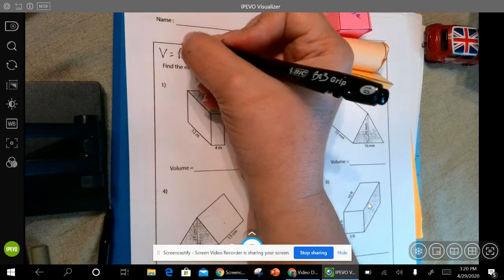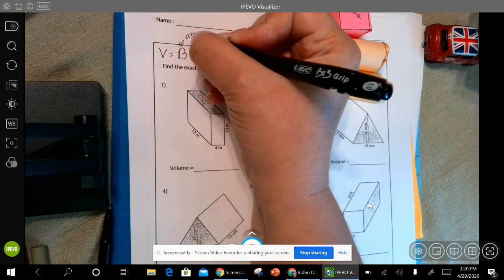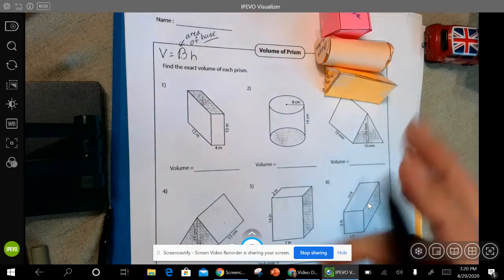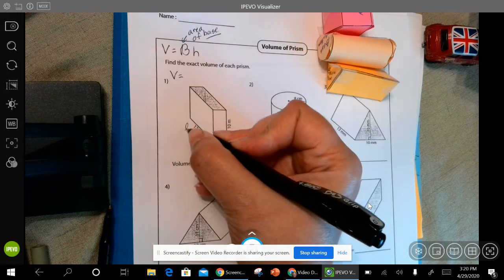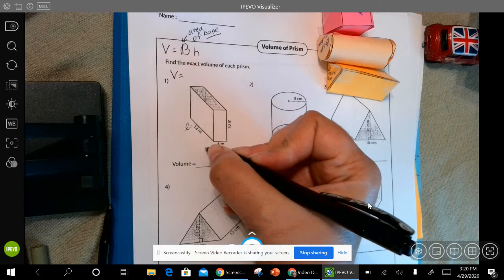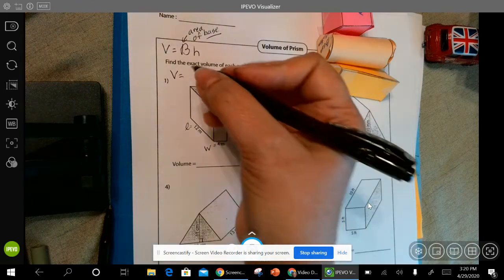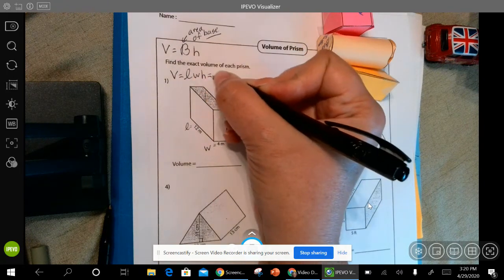Okay, so everybody, this big B stands for area of the base, because it's all about that base, no trouble. So for this one, the area of the base, remember, is going to be length times width, and 10 is the height of our prism, so it's going to be length times width times height.